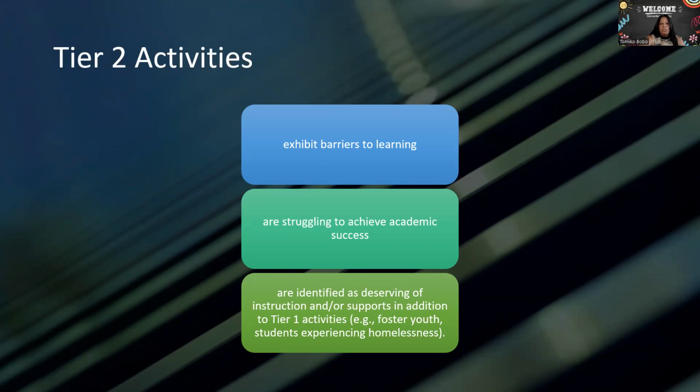Once we move to Tier 2 and we pull students out after we have taught certain skills to students at the different levels, depending on the need, and we see that some students continue to struggle with that same subject area, then we select those students mostly based on the fact that you've taught whole group.